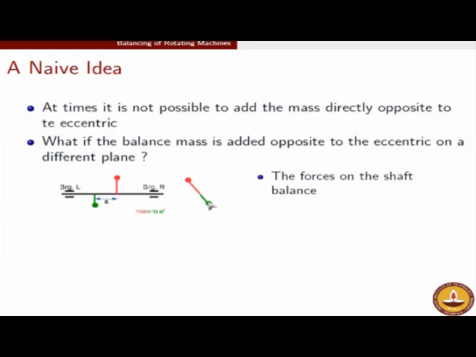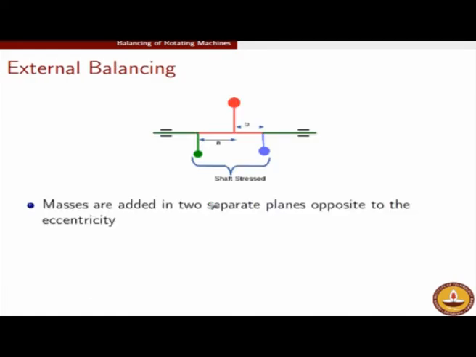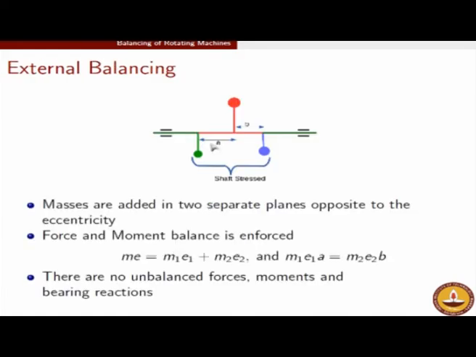Obviously it is more favorable because the shaft is also saved, but in this case this red region of the shaft cannot be saved, because when you take the section here you see that in this portion of the shaft there is a force, and to balance this force there has to be a bending moment created in the shaft, which in turn will create bending stresses and subject the shaft to these stresses. That part, as I said, is unavoidable, but this is a good solution in practice, and this solution is referred to as external balancing.